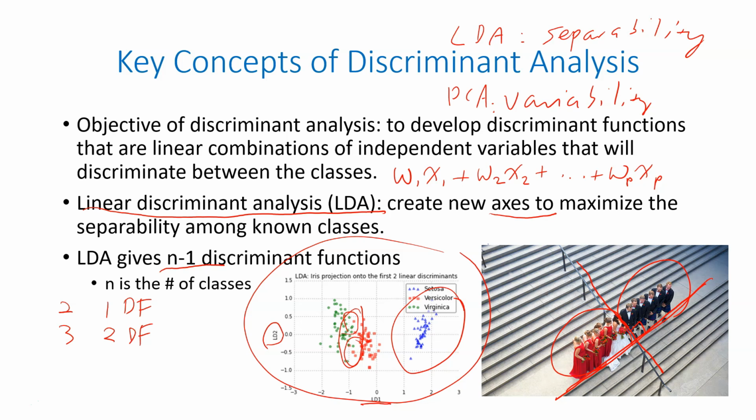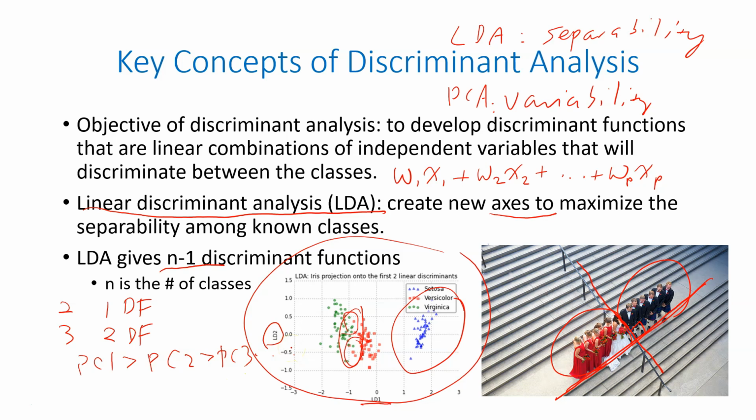Recall that in PCA, the first principal component would account for the most variability in the data, and more variability than the second principal component. And the second principal component would account for more variability than the third principal component, and so on.